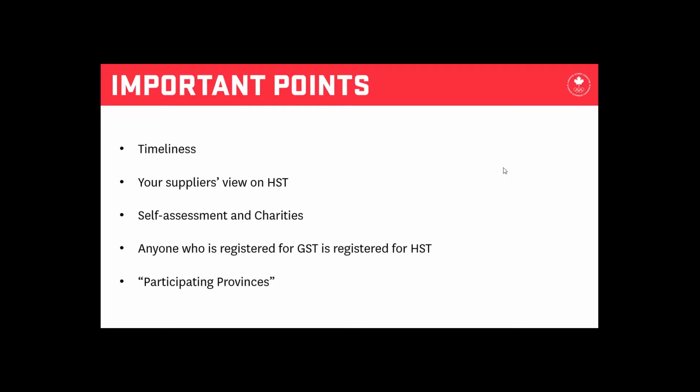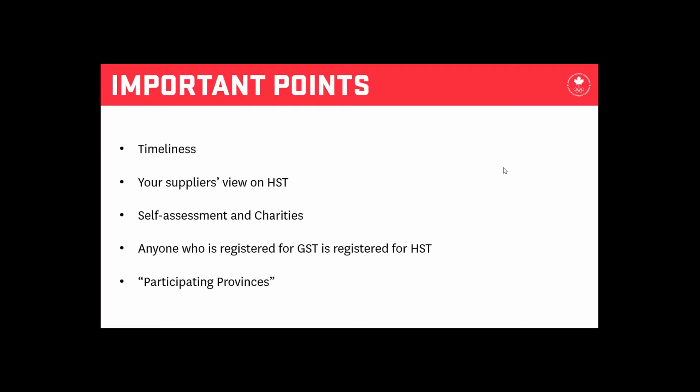And then finally, if after today you decide you want to read some more about GST or even some of the examples that we will come to later, the phrase participating provinces will come up. And simply put, and you can look for a long time to find a definition, and you may not understand it, it depends on which definition you get.